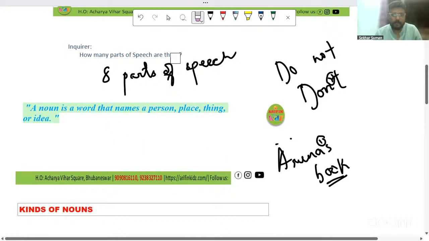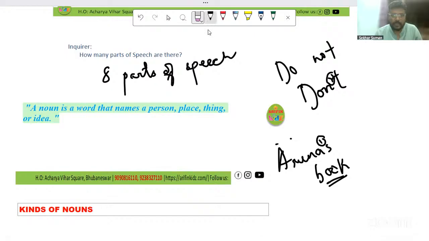Somebody from the students' side has asked, what exactly is possession? Rashmi Rekha has asked about possession. Possession over here means ownership, right?